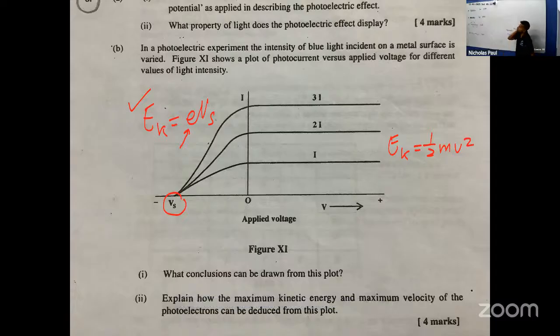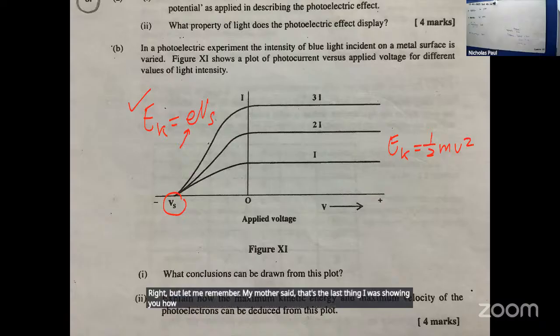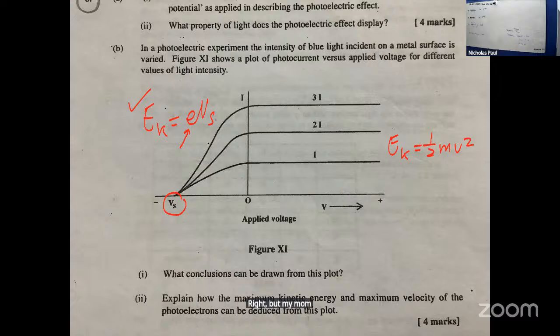So from the graph, all we need is Vs. Are you okay with that? So you can get eVs, the stopping potential. Right. Well, I don't know if you remember, last week I was showing you how to go from joules to eV. But remember, the formula is what?